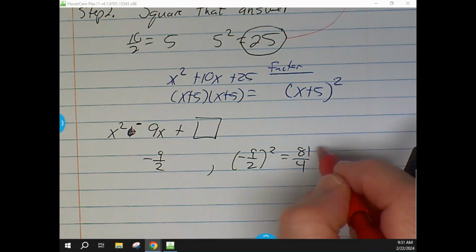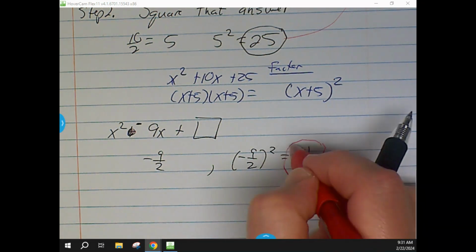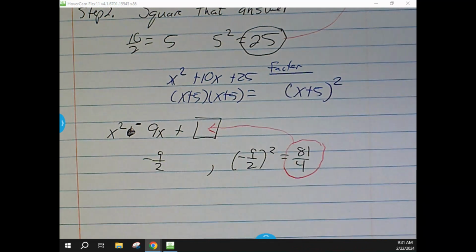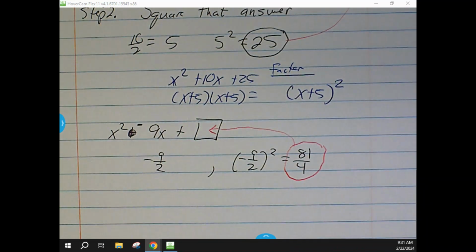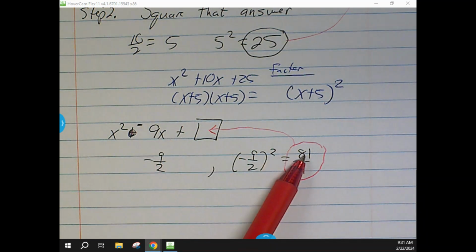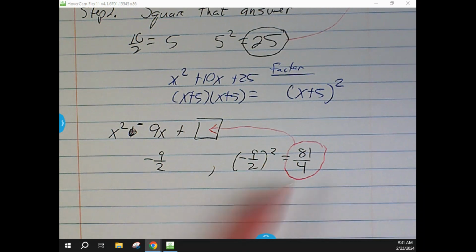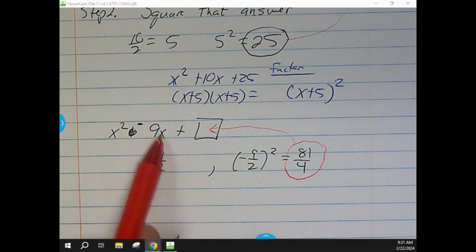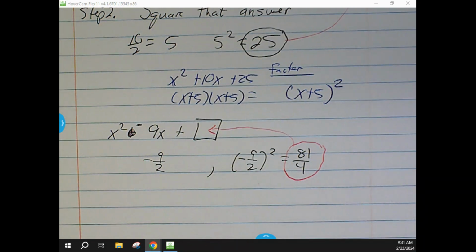So when they ask you to complete the square, the number you would need there would be 81 over 4. So you may get a fraction answer. Here's the good thing: if it's a fraction answer, it's always going to be this number squared over 4, because it won't simplify since it's going to be an odd number. So it's always this number squared over 4 every single time.